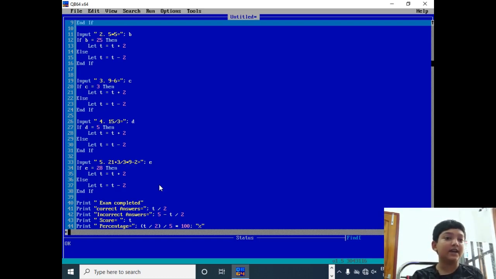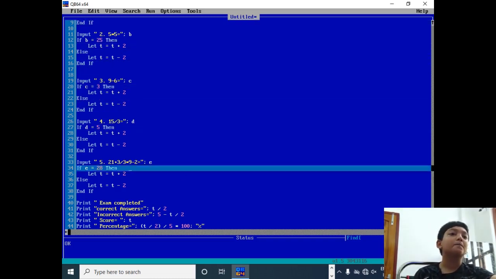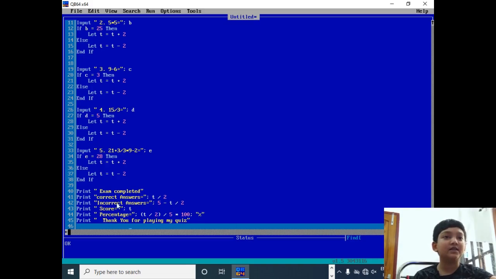So for that incorrect, what number have we lost? Minus 2. Now if from here we think that 3 is there, according to our statement, how many are incorrect? Print incorrect answer. So what we got from here is 3, and then t means we have 6, 6 by 2 which is 3, and 5 minus 3 which is 2.